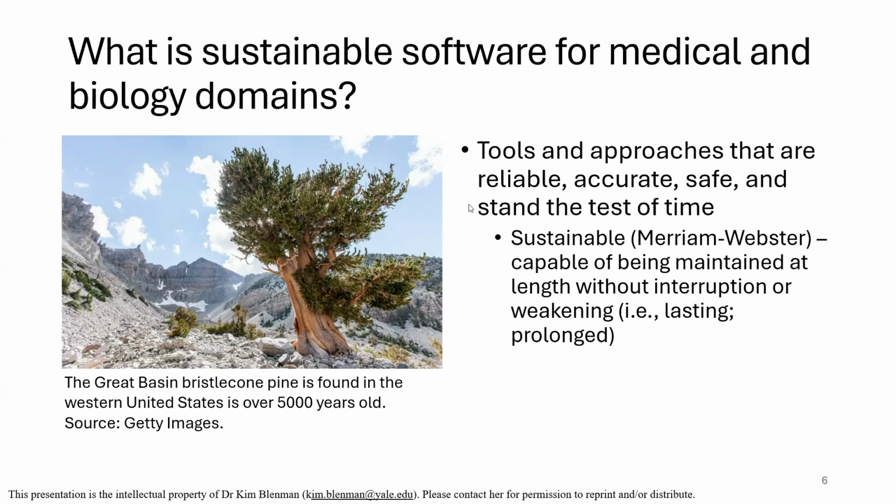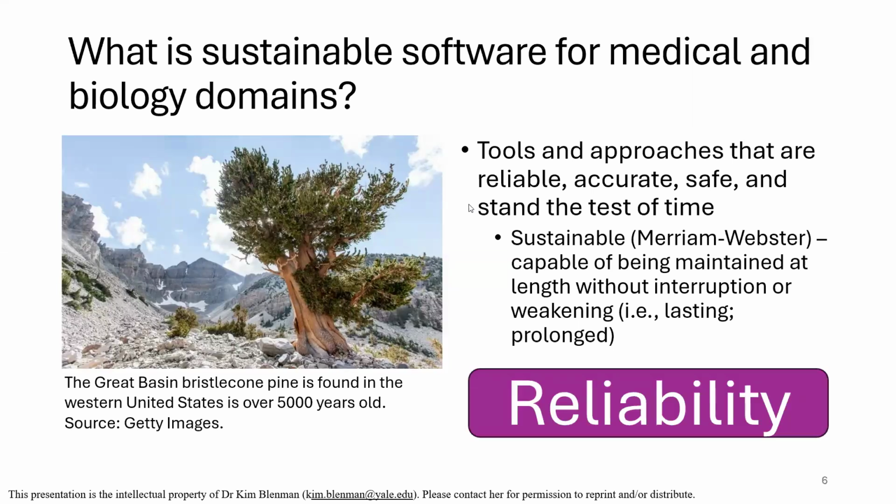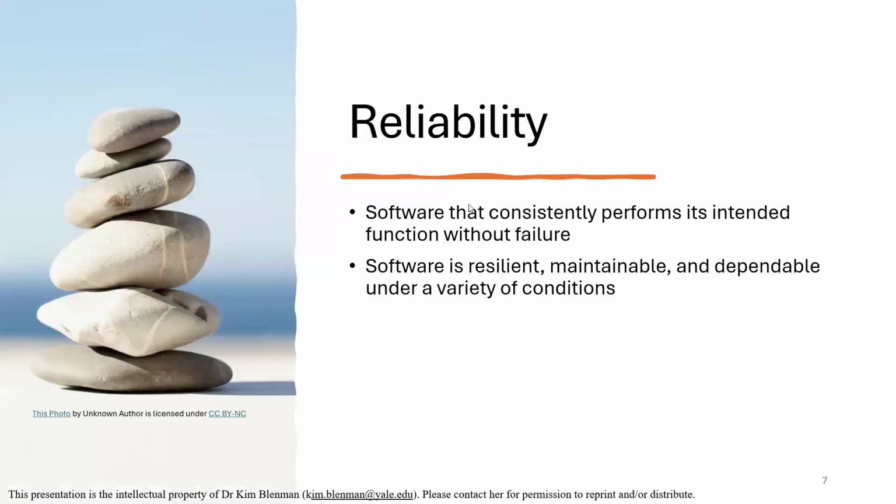For that reason, we focus on aspects of software reliability from the vantage points of user needs and software development lifecycle. So reliable software is software that consistently performs its intended function without failure. It is resilient, maintainable, and dependable under a variety of conditions.